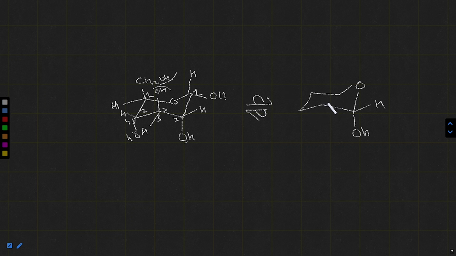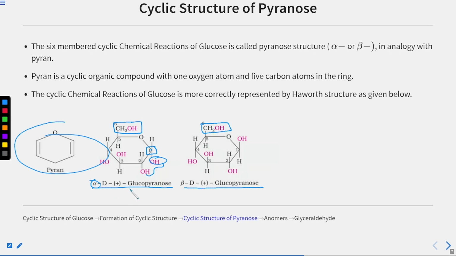So we will get here H, OH, and again OH and H. Now if I place the CH2OH group, it will go like this. Since it is present at the equatorial position, this is the more stable form of the given glucose, our alpha-D-glucose.